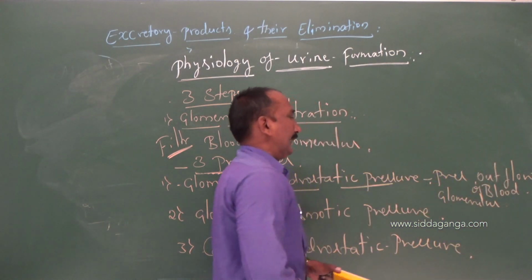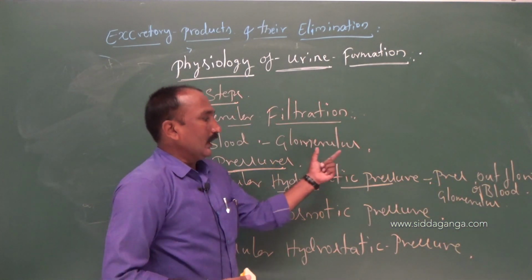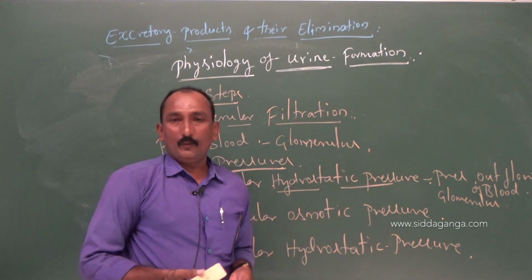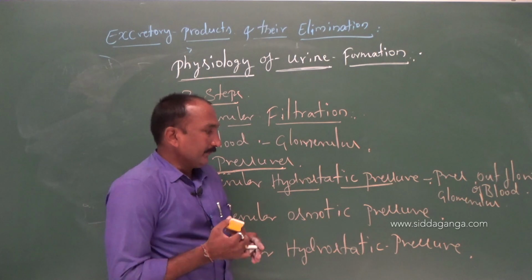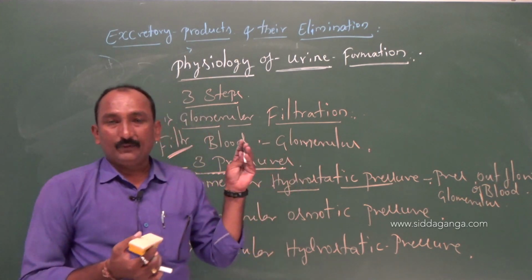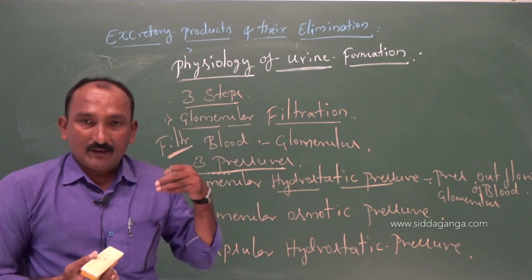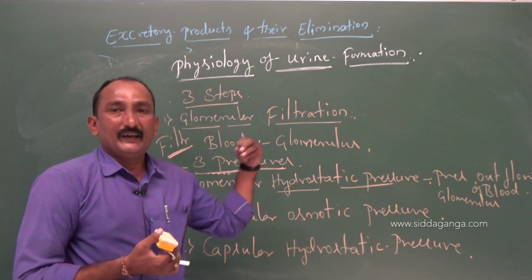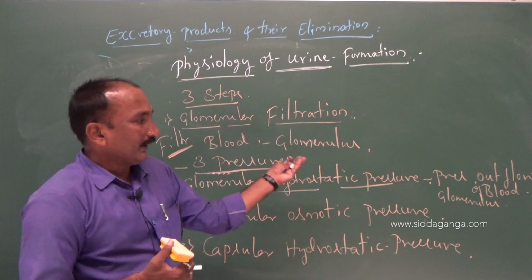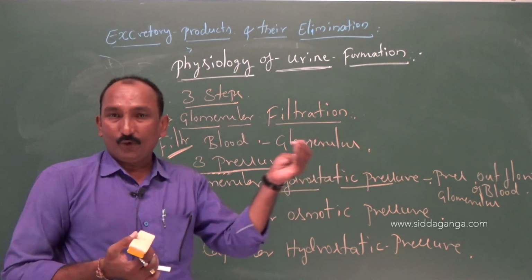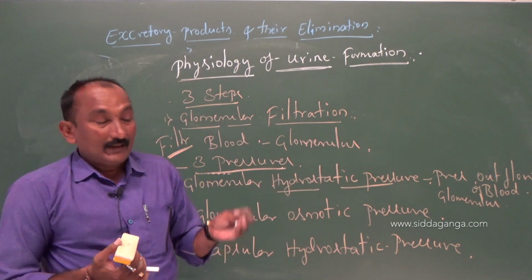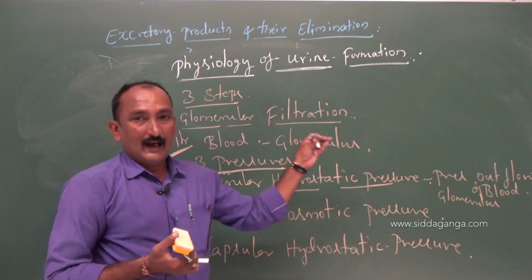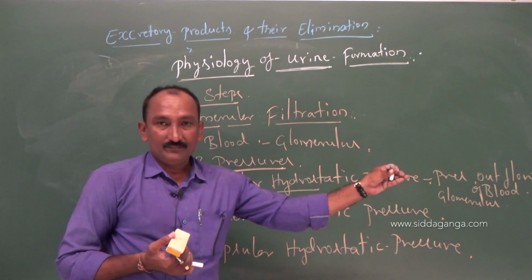Of course, the glomerulus has a network of blood capillaries. Through that network of blood capillaries, pressure is exerted during the outflow of the blood. Such pressure we call glomerular hydrostatic pressure.